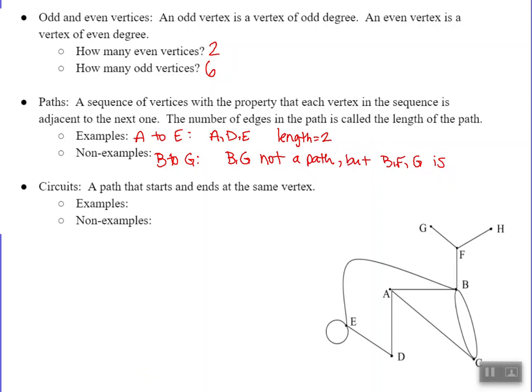Now, a circuit is a path that starts and ends at the same vertex. So, for example, A to B to C back to A is a circuit.